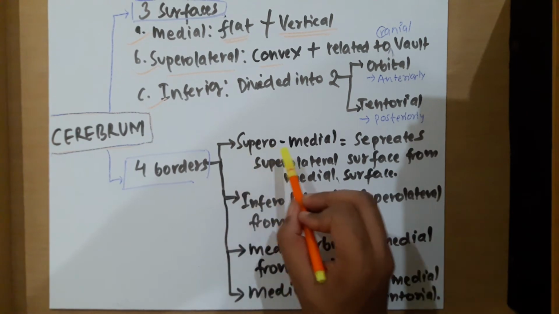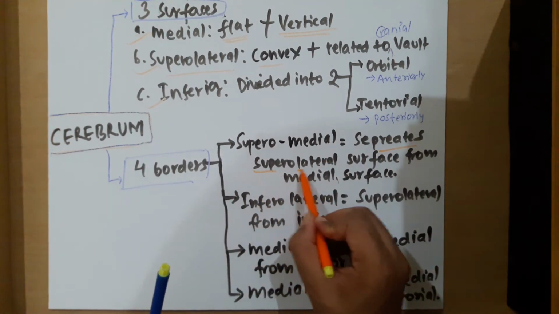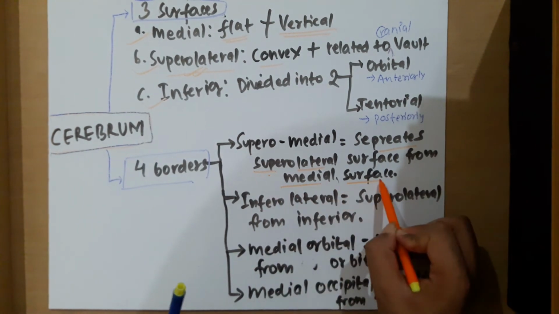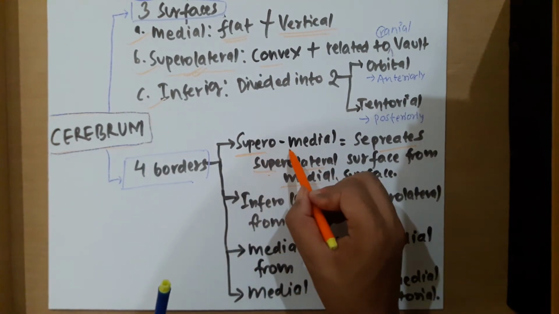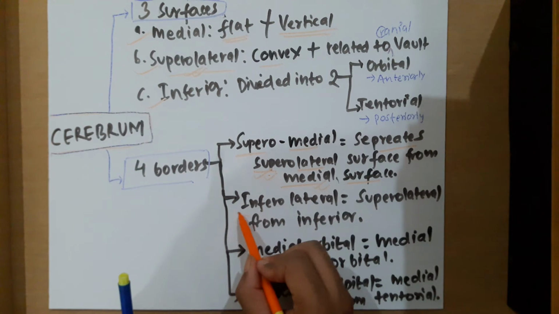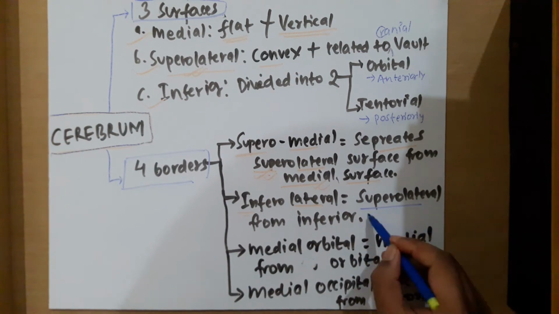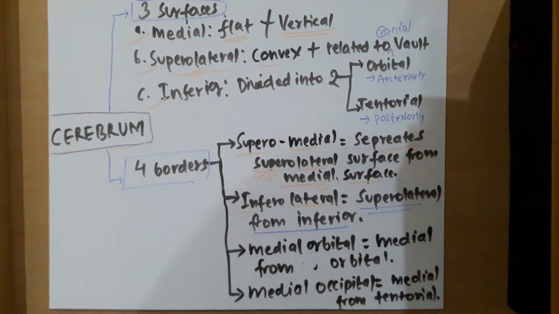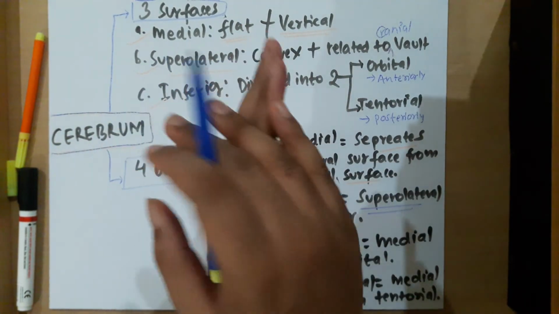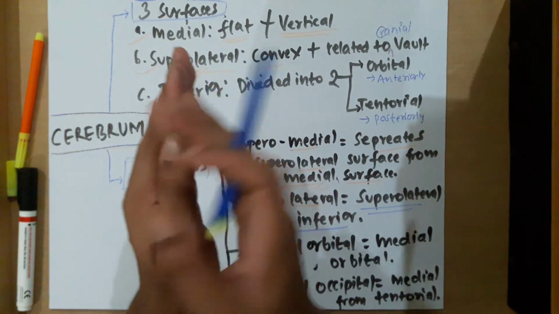The four borders are: the superomedial border, which separates the superolateral surface from the medial surface.